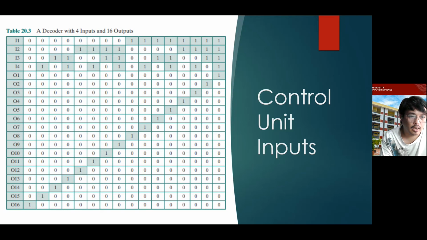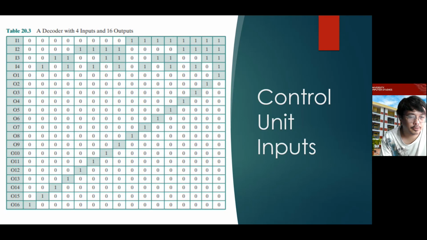First, we consider the IR. The control unit makes use of the opcodes to perform different actions, for example, issue a different combination of control signals for different instructions.